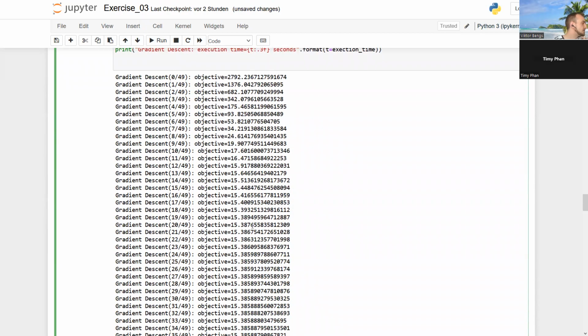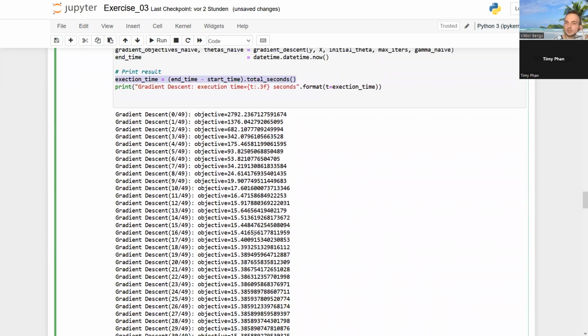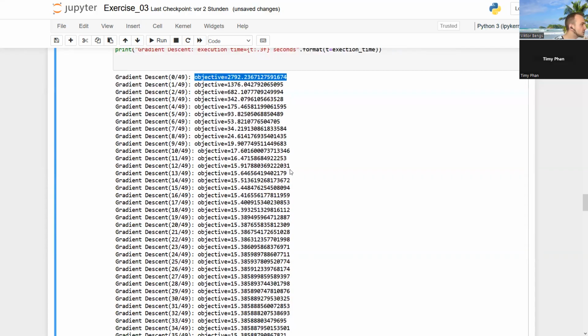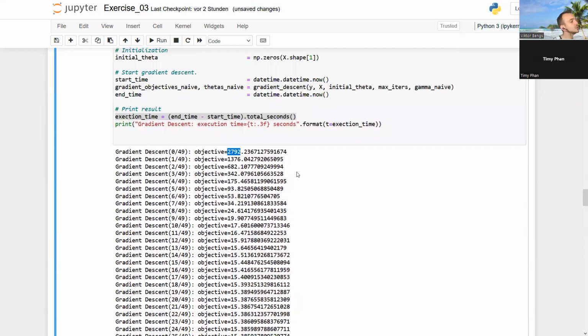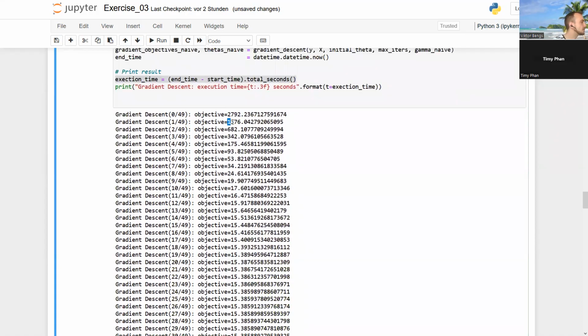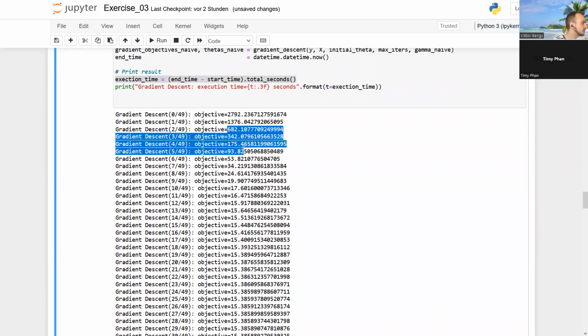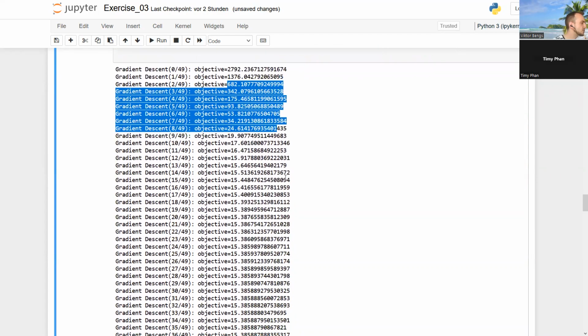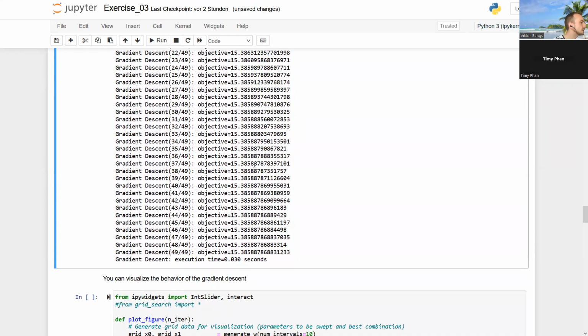And what we see is all of the iteration evolutions, which are essentially how the objective is changing over time. So we see we started here with a very high objective value. It's not surprising because the zero vector is perhaps not a good idea, but then we see a lot of changes in the very first iterations, and then almost no changes anymore.